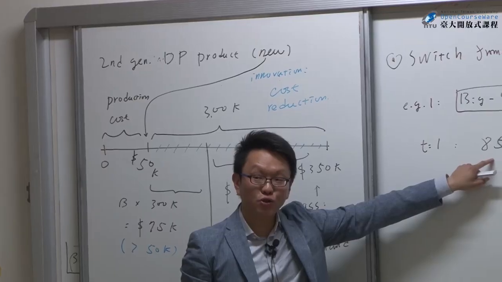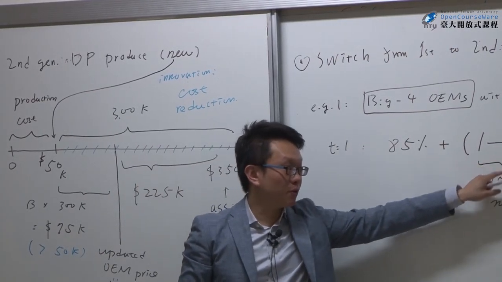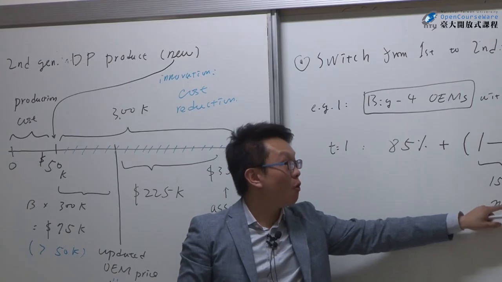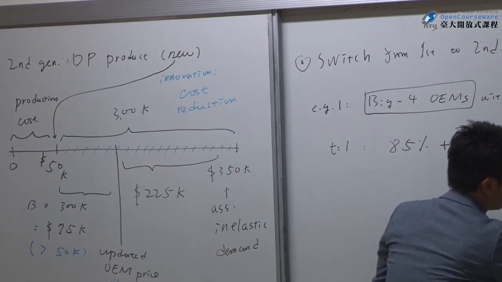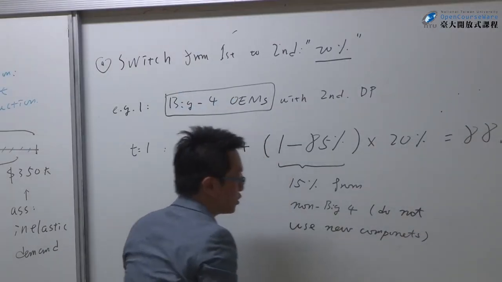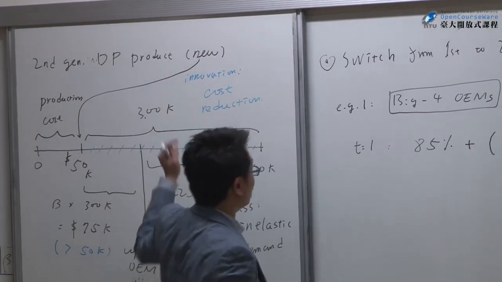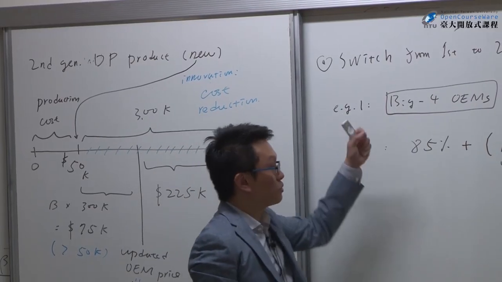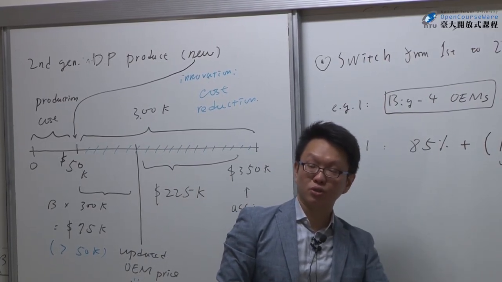This is the current market share for Big Four. Okay? And this is the rest of the market share from non-Big Four. But non-Big Four do not use the new product. So the retailers who sell non-Big Four's product, their product is first generation. And we assume there is a leak between the first generation customers to second generation customers.